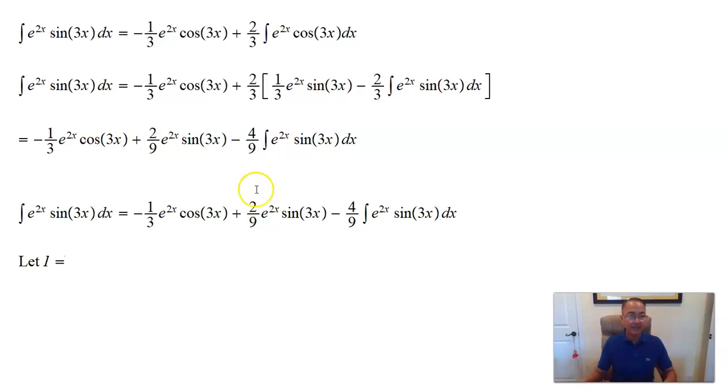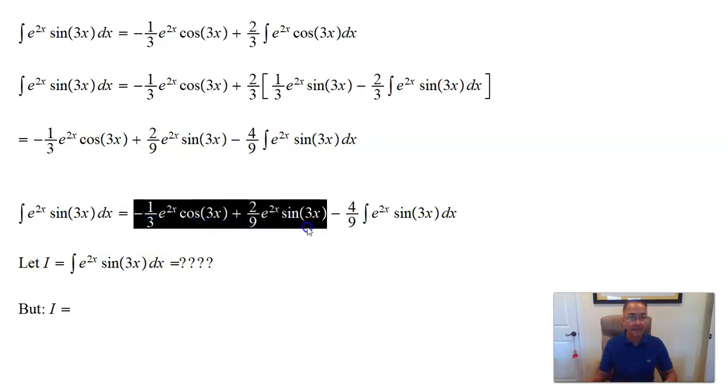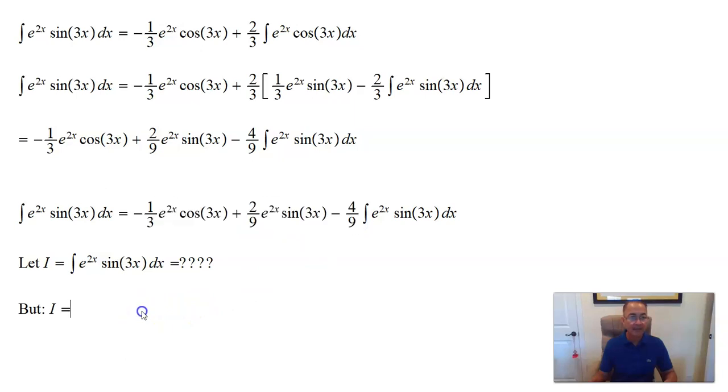Let I be this integral. I for integral. I is this thing we are looking for. We don't know who you are. But the equation tells us that I on the left equals this on the right. But the last term is also I. Aha! So we have minus 4/9 I right here. We're looking for I. So all we need is a little bit of algebra.